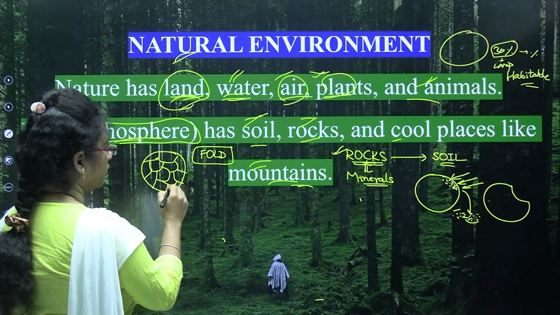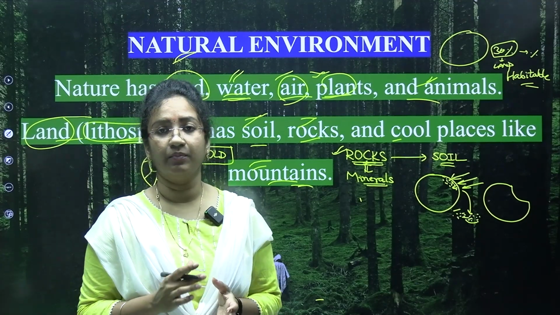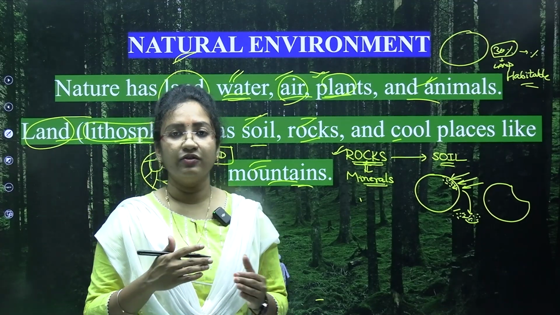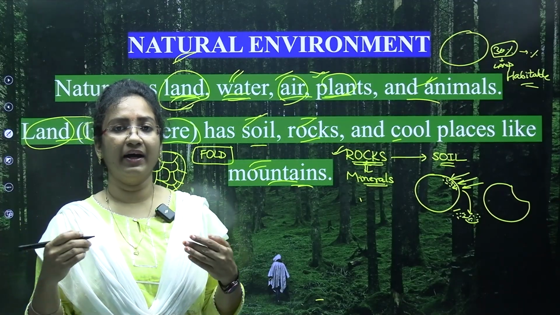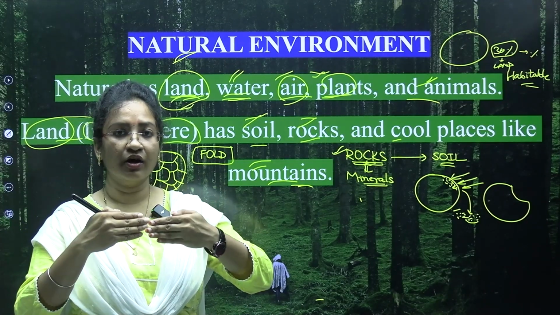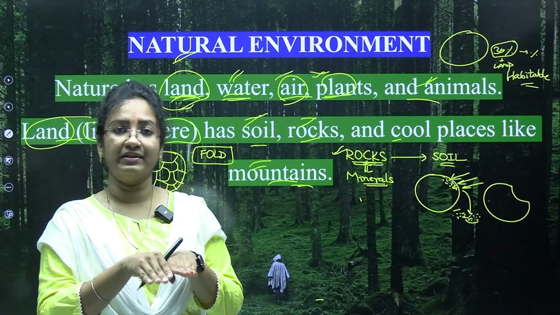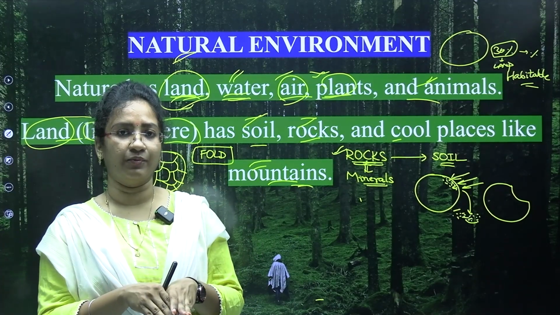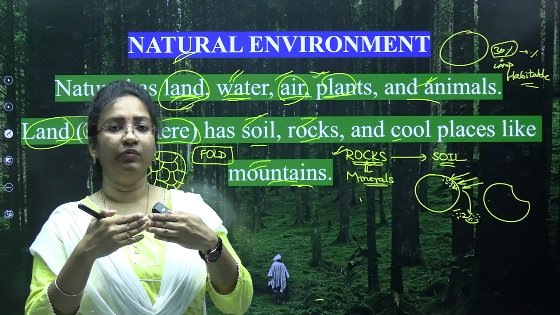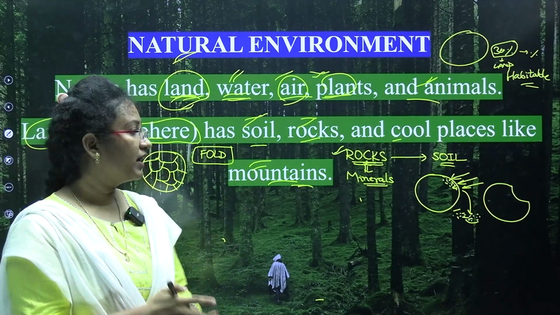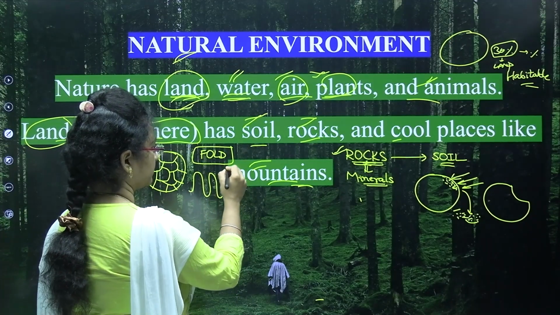And these plates are always on the move. So when these plates are moving, what will happen? Due to that movement, it can have three different types of movements. They may either come towards each other, or they may move away from each other, or they may slide past each other, which is a transform movement. So in case two plates are moving towards each other, what will happen? They'll raise up. And that is what leads to the formation of this kind of fold mountains.